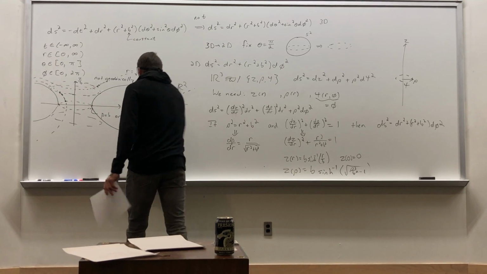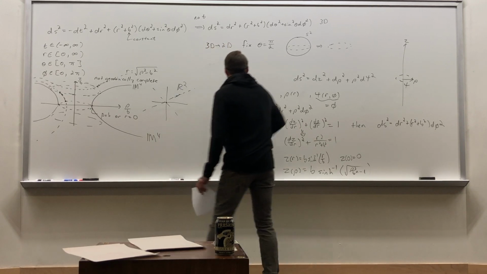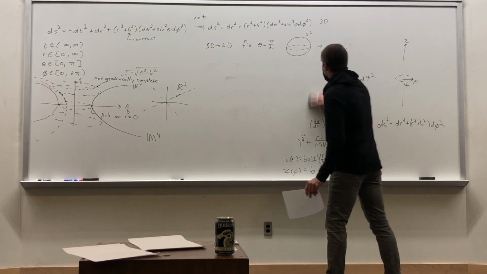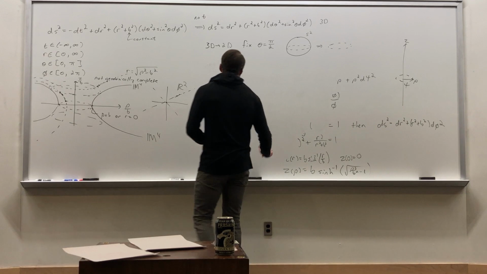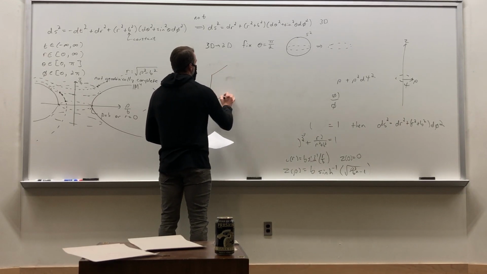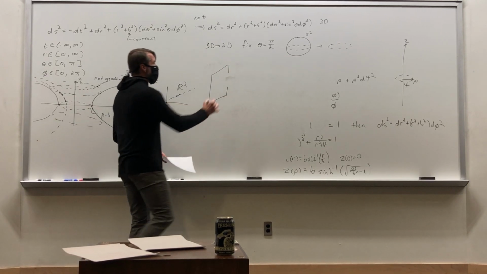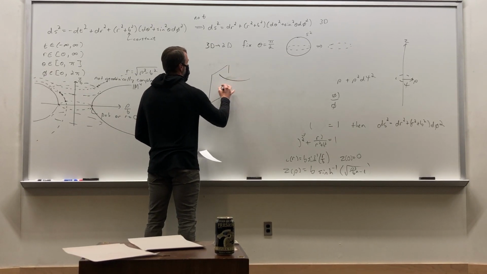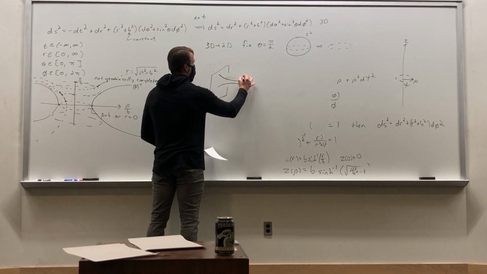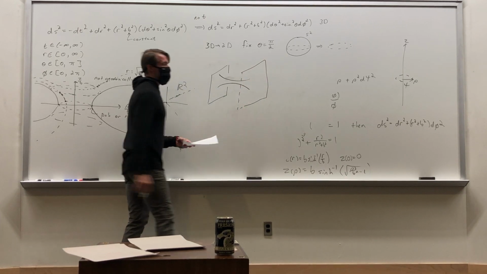This is what is often called a bridge, and I'll just draw a quick picture of it. A bridge, like the Einstein-Rosen bridge, which was the first realization of this, basically takes a space which is infinite and flat and connects it via a wormhole to another copy of the similar space.